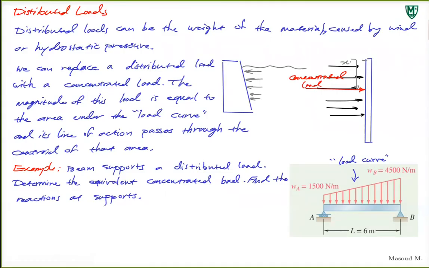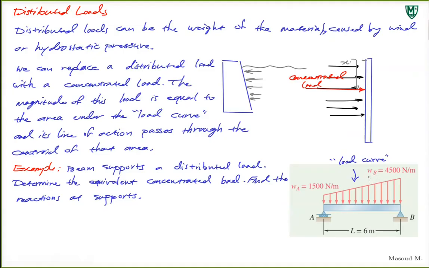Now, let's solve it in two ways. As I said, we're going to use what we learned, finding the centroid of an area. The way you look at it is that it's a composite area. Remember, this is a load curve, and we have to find the area for this.